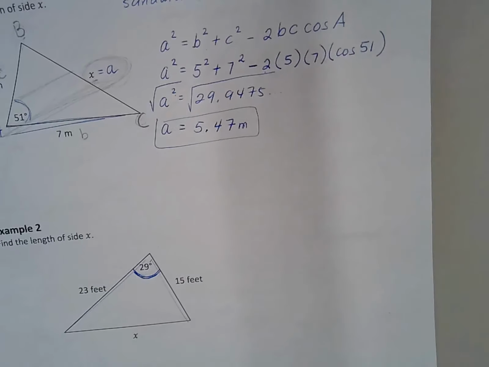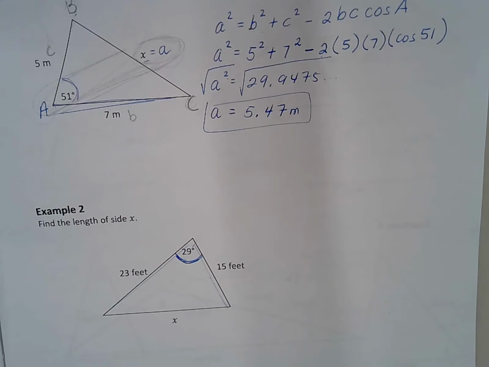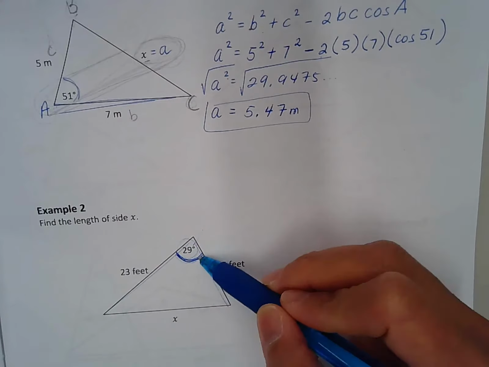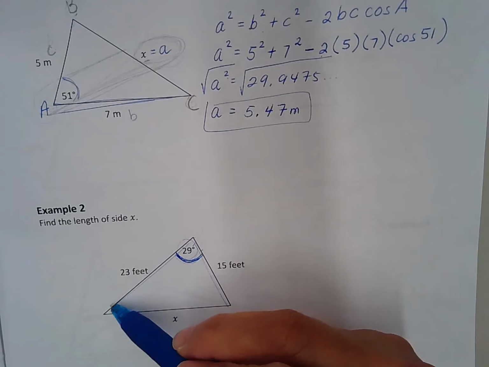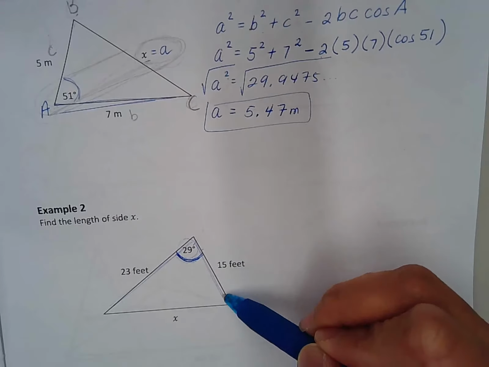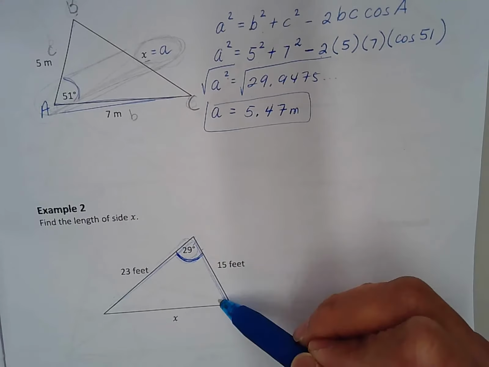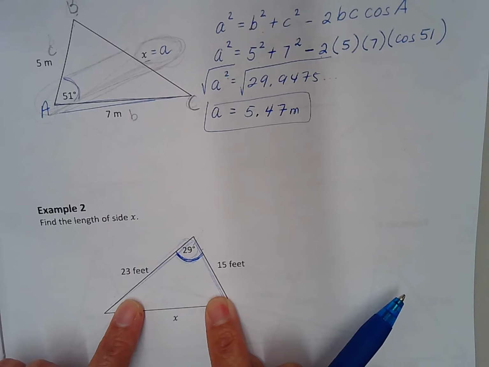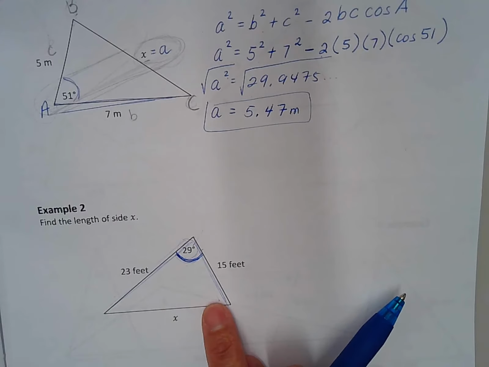Can you see where the angle is? The given angle is in between the two given sides. It can't be here and it can't be there, because that's going to be a totally different strategy. Okay, so let's give it a try.